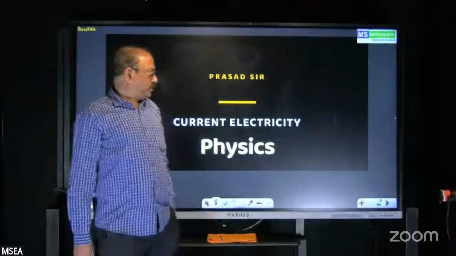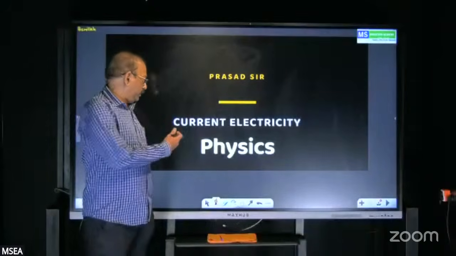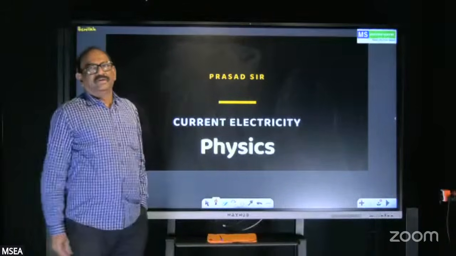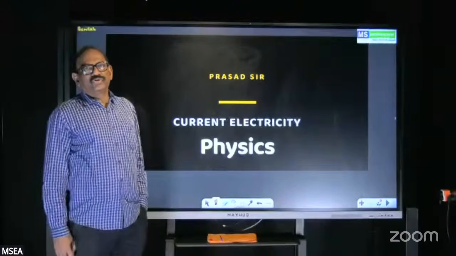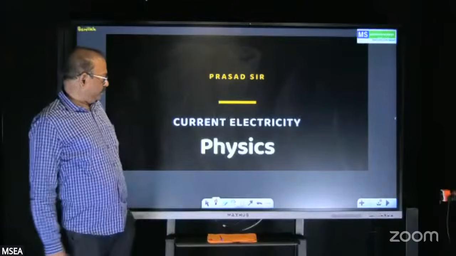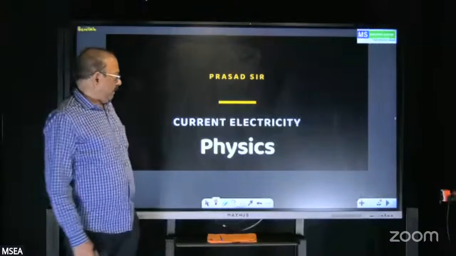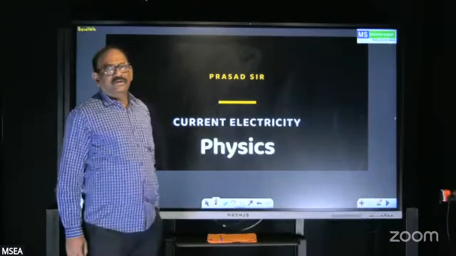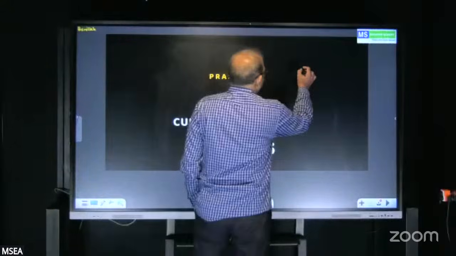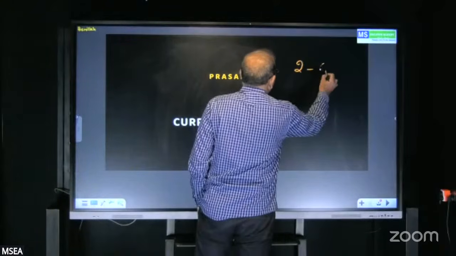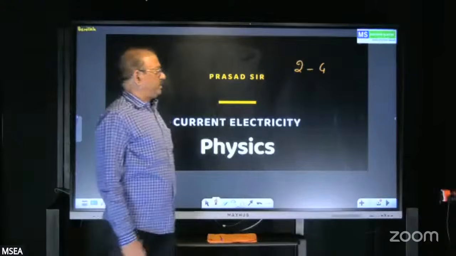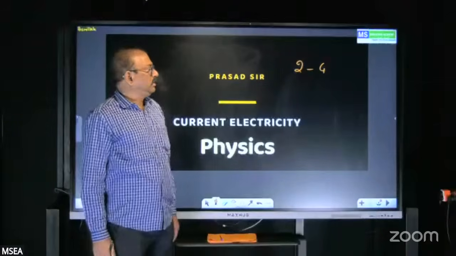Today in this evening session, we are going to deal with current electricity, a most important chapter in physics and a high weightage chapter. Usually 2 to 4 questions you can expect in the NEET examination.